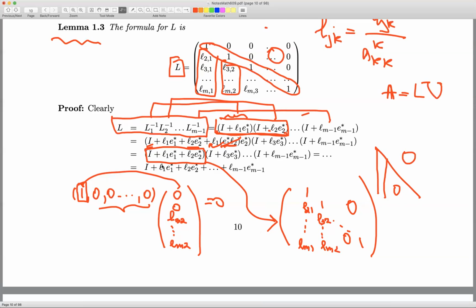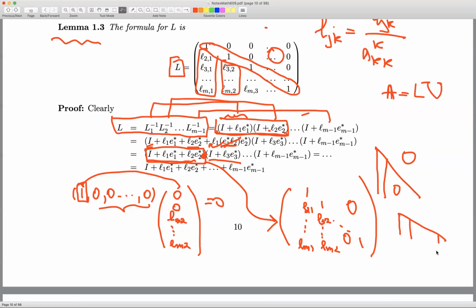And then if we continue the same way, doing the product of this matrix and the next matrix I plus L3 E3 star, with similar considerations as before, we will end up with the result being the identity plus L1 E1 star and so on, plus L_(M-1) E_(M-1) star, which means that after every product, we will be continuously filling in the first column, then the second column, and so on.